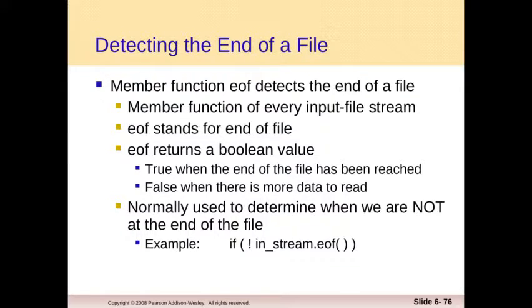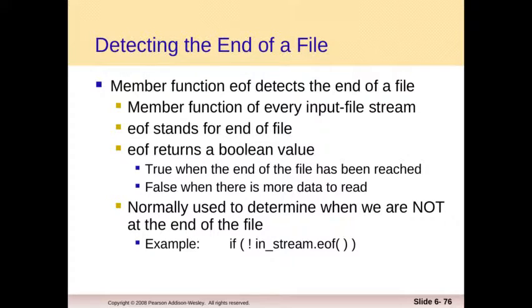EOF is short for end of file, and it will return true when the end of the file has been reached. What will happen is the following. You're using the get member function in order to try to get another character from the input stream.